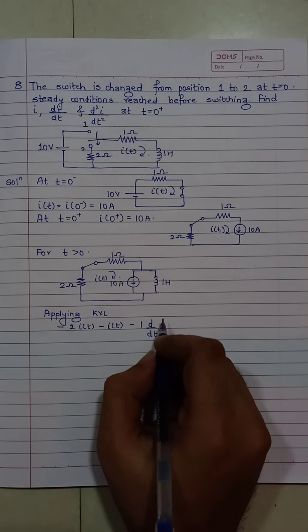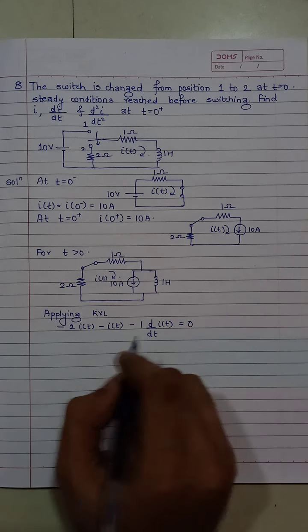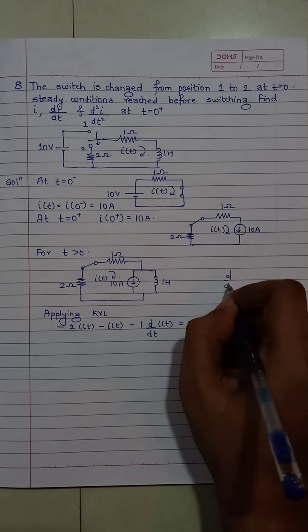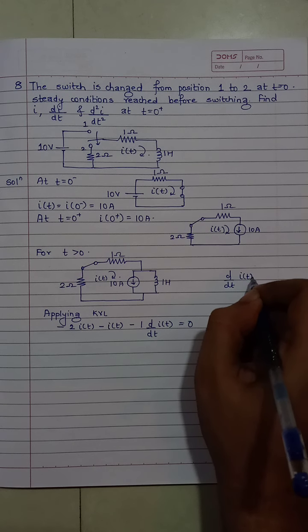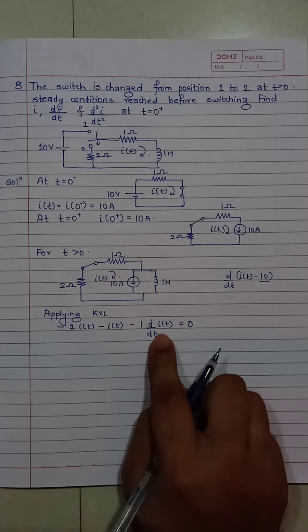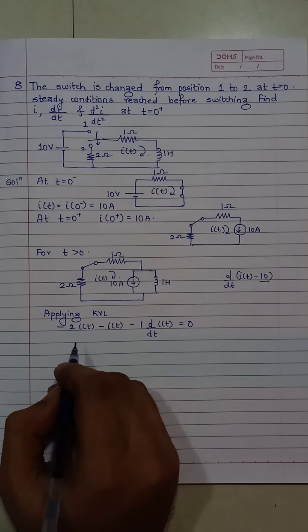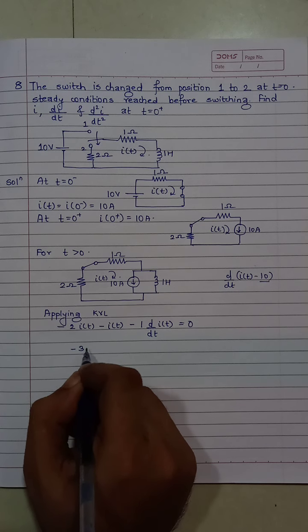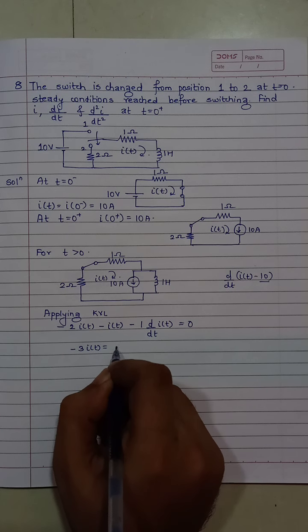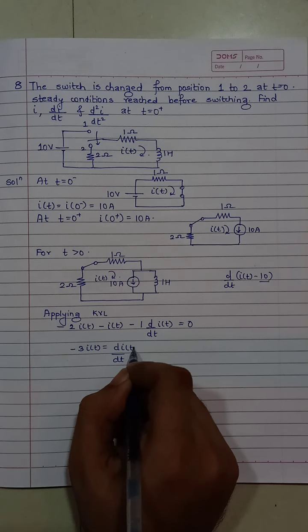Since this is constant, the derivative of the constant is 0, so we write it as di/dt. So from this you will have minus 3 i of t equals di/dt.